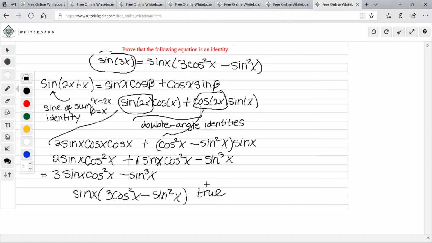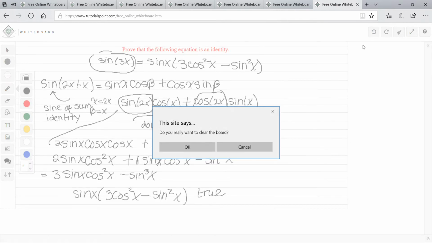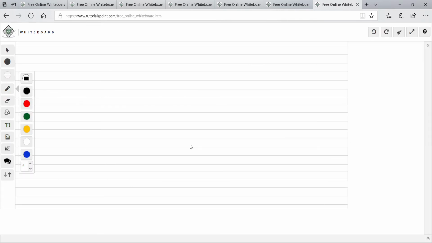Let's do the last one, the final one. Same idea, prove that the following equation is an identity.